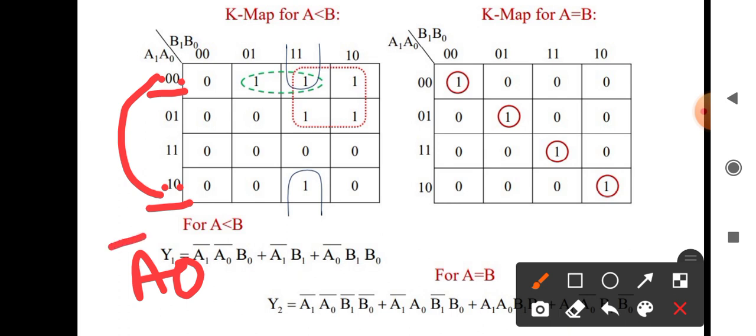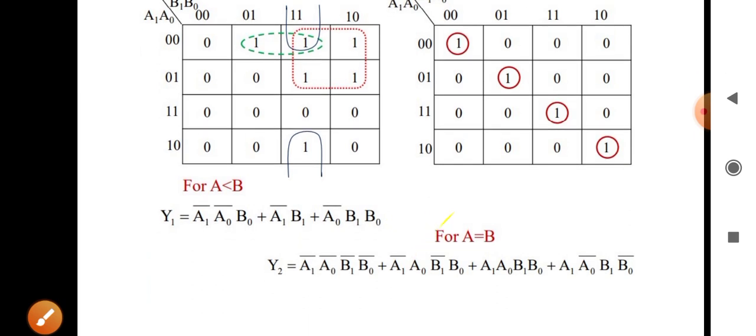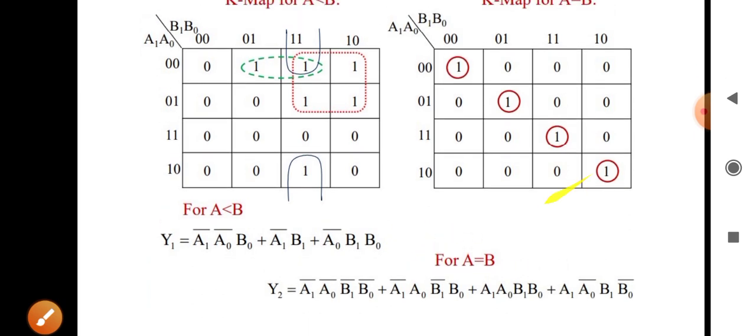Next you just see the comparison for b1 and b0. So there is no more cancellation required. So that is a0 complement into b1 into b0. Okay, so that is how we got the simplification of a is lesser than b.